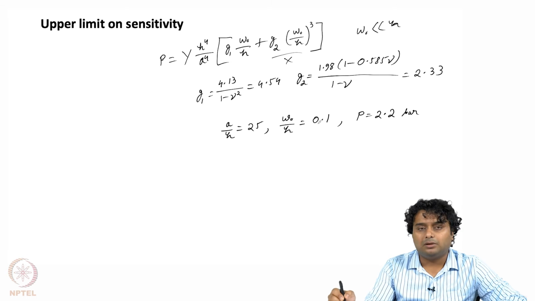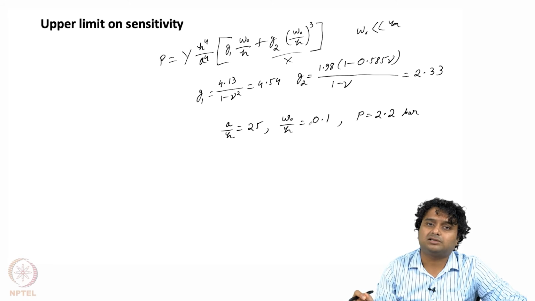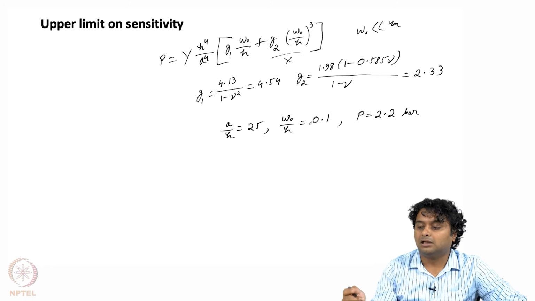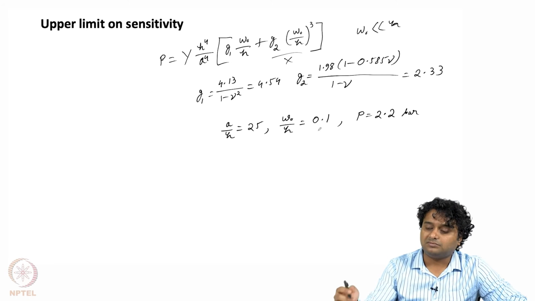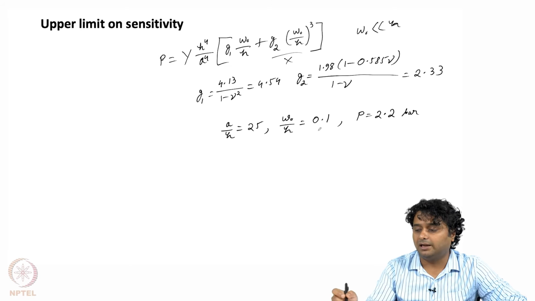In the usual case, we will consider that the deflection is a maximum of 1/10 of the thickness. That is also a very reasonable assumption for nonlinear cases. In that case, W0 by H cube will become 0.001, so we can anyway neglect that.